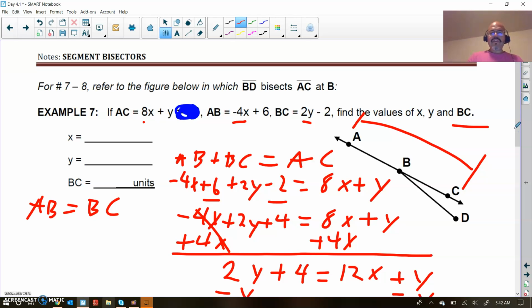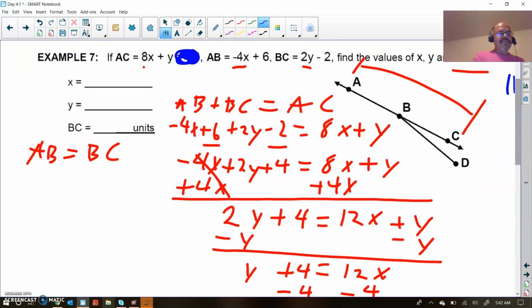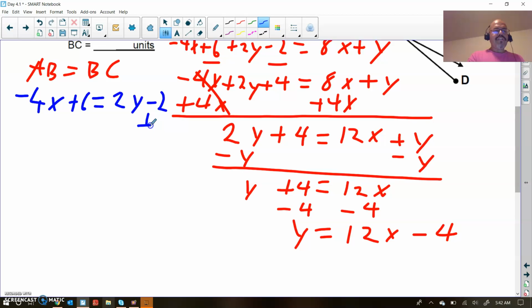So now I'm going to be doing this with my a, b, and bc. I'm going to do sort of the same thing. So negative 4x plus 6 is equal to 2y minus 2. Going to add 2 to both sides. I'm going to get my y by itself just so to let you know.